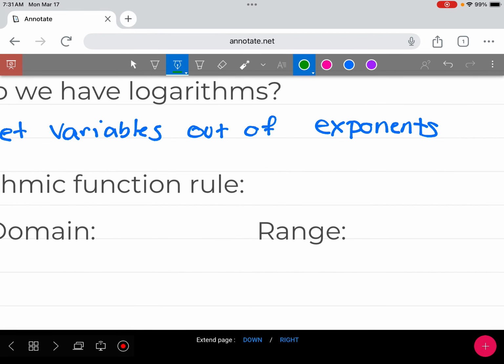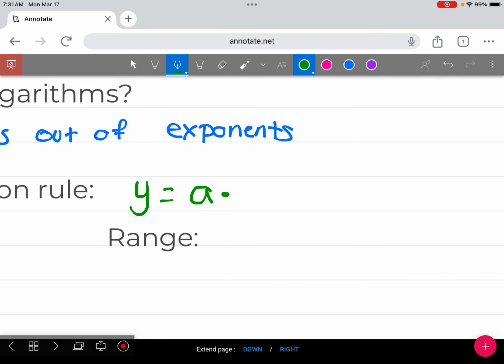So our logarithmic function rule, it's fancy talk for our equation. That's our y equals a times, and we're going to write the word log. Like literally the word log.